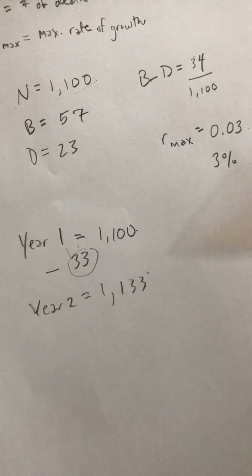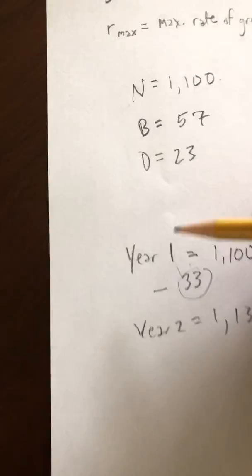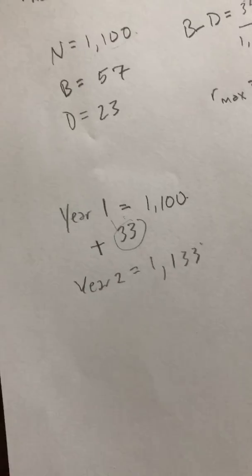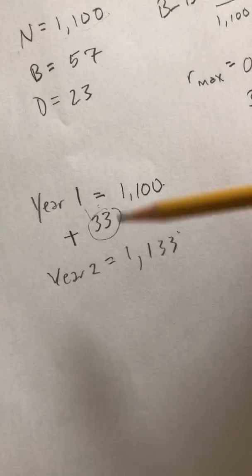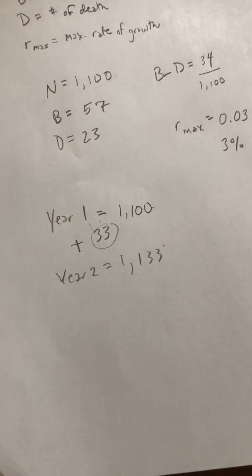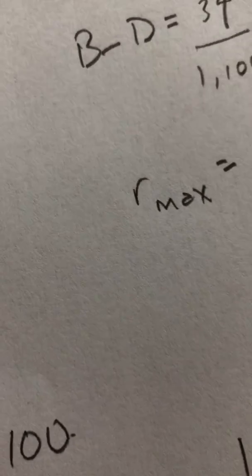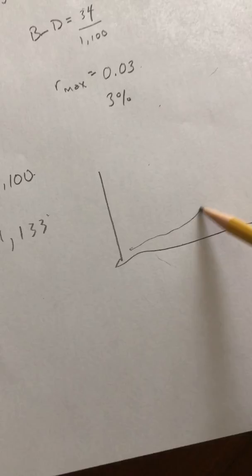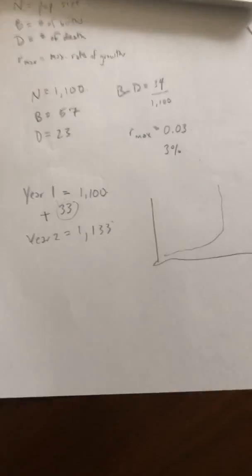Multiply this by 0.03 to get the number of new individuals added. I should make this a plus sign, sorry. And we can just keep going up from there. Now, this would lead to a growth curve that looks like this. And I'm going to make another video to show you why.